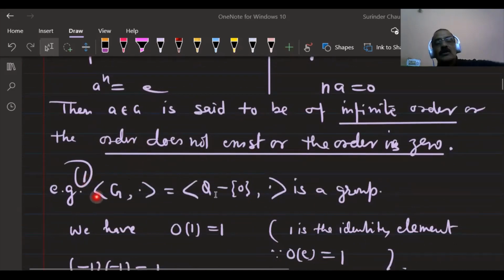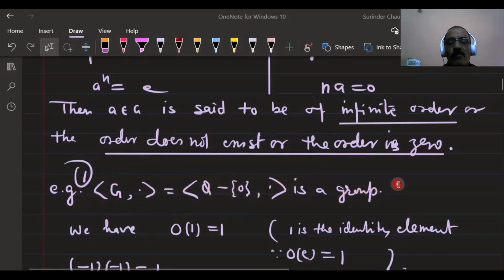Now let's discuss some examples based on it. Let's consider the algebraic system G, the set of rational numbers minus the singleton set 0, with binary multiplication.